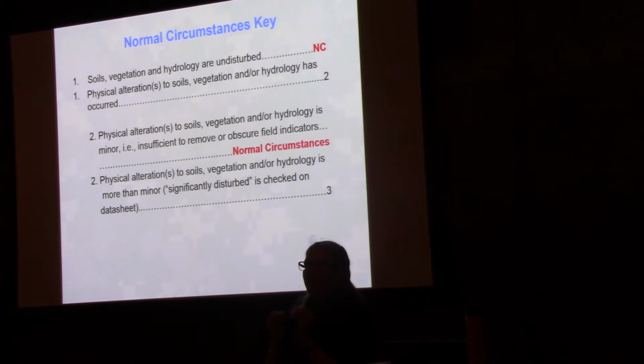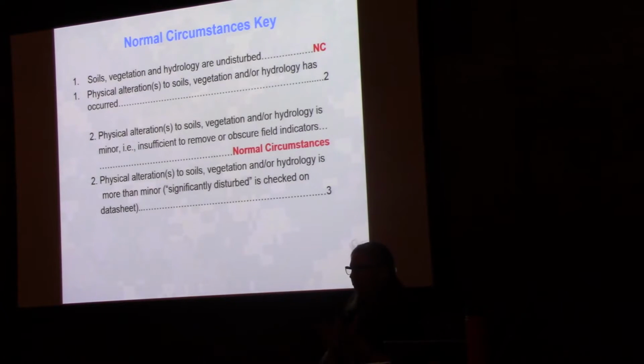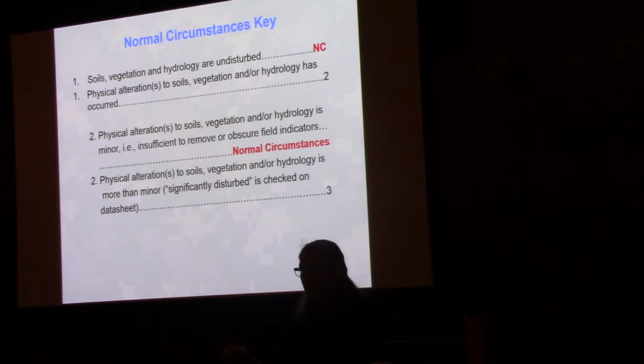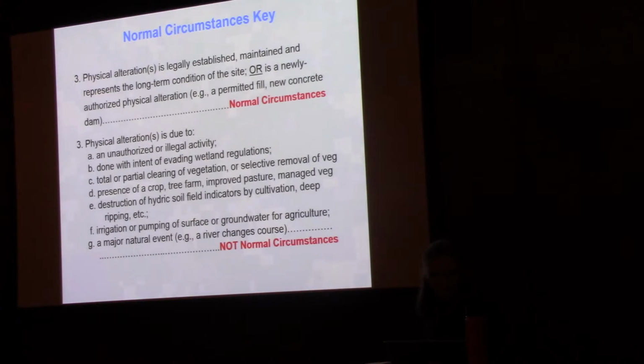It really is a balance, a decision that you're making for how much information you need to look elsewhere for to make your decision. Certainly if the physical alterations are so significant that you can't figure one or more of them out, you do not necessarily have normal circumstances, and you have to go to a few other things to decide.